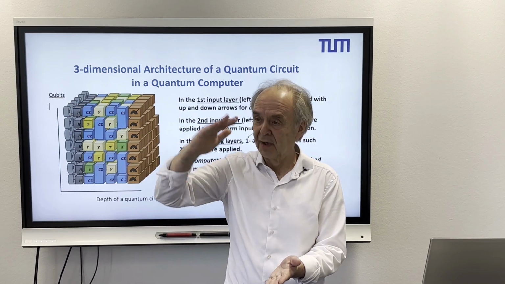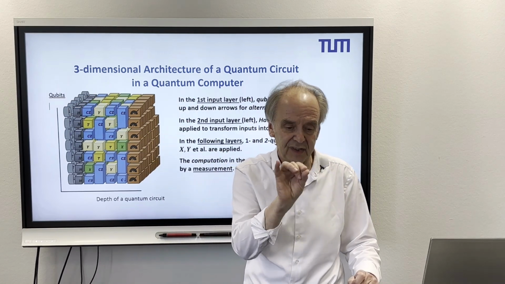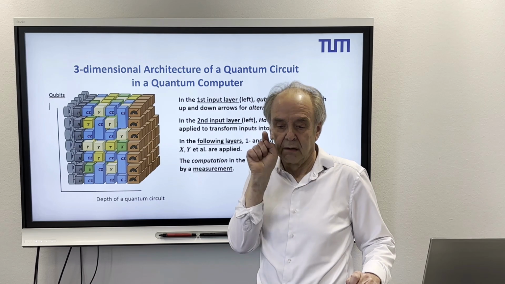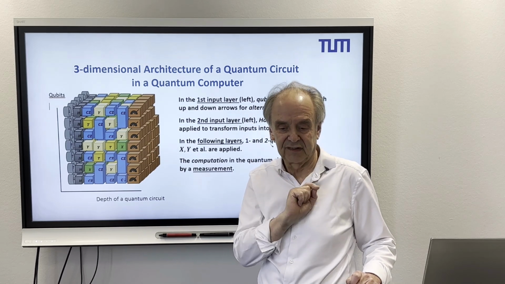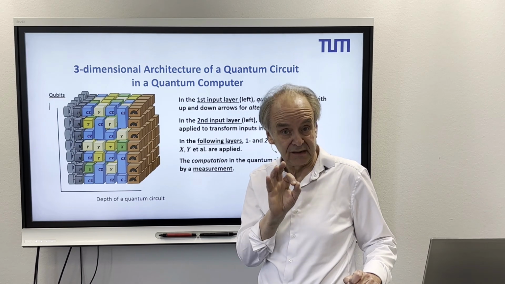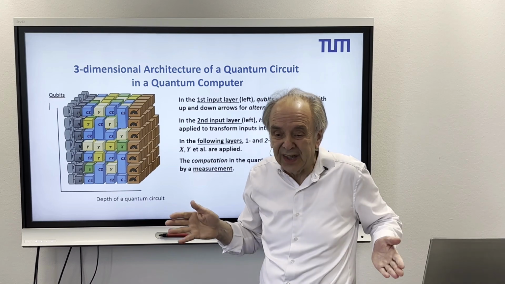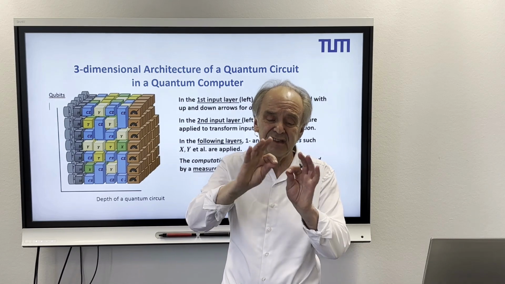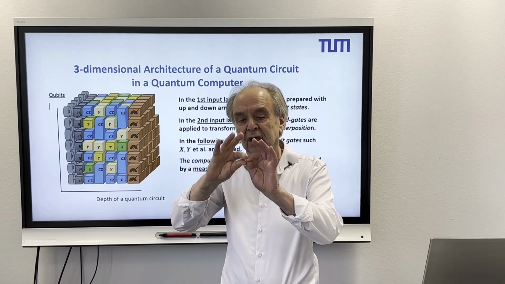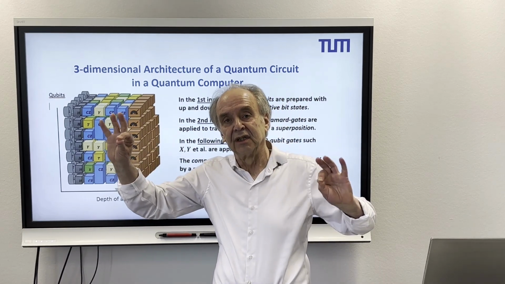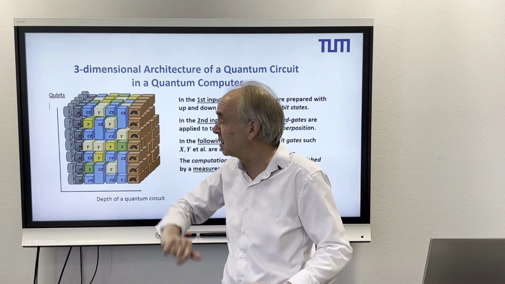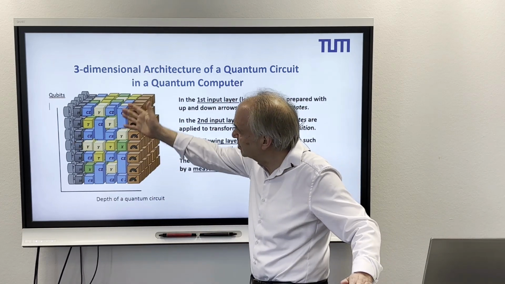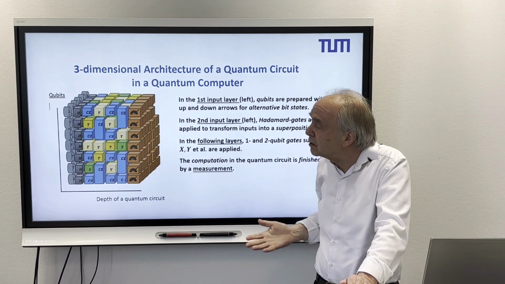And between them, there are other layers, and these other layers mean logical gates in the classical sense. And what is a classical algorithm? It is nothing else than a sequence, a connection of classical logic gates. And that is represented in the computer. And that is also true here in a quantum computer.